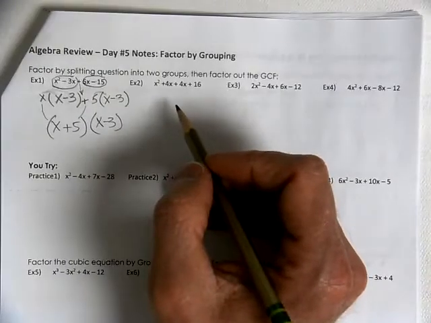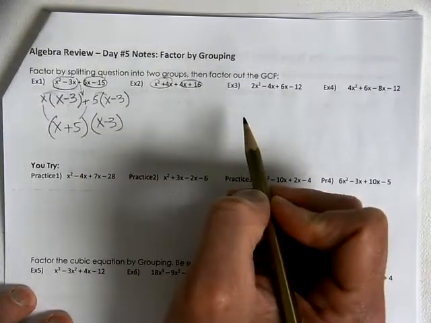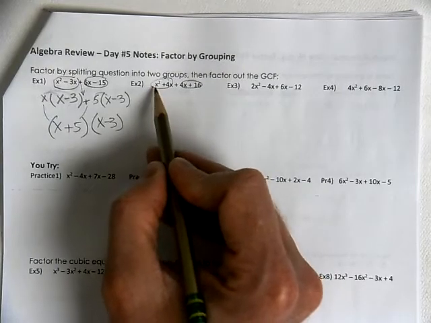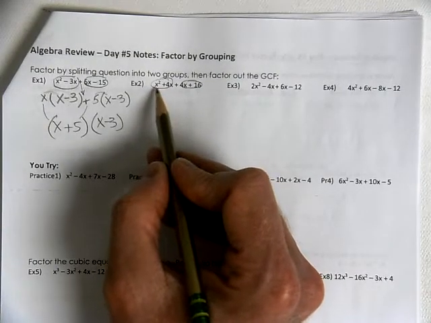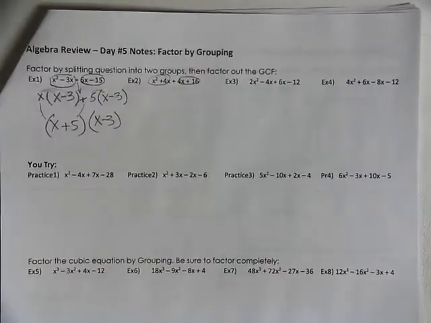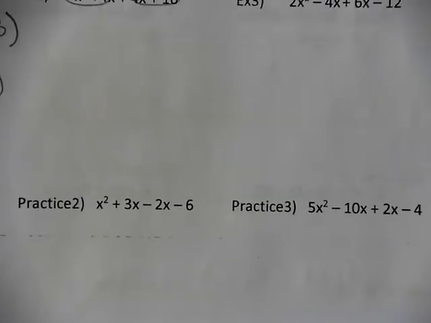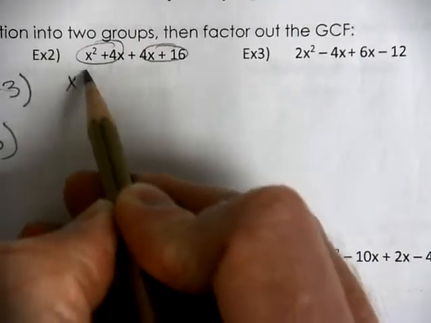When we come to our second one, same process. We circle both groups. You decide what you can factor out of the first group. You should make a choice. What can you factor out of that? Factor out an x.